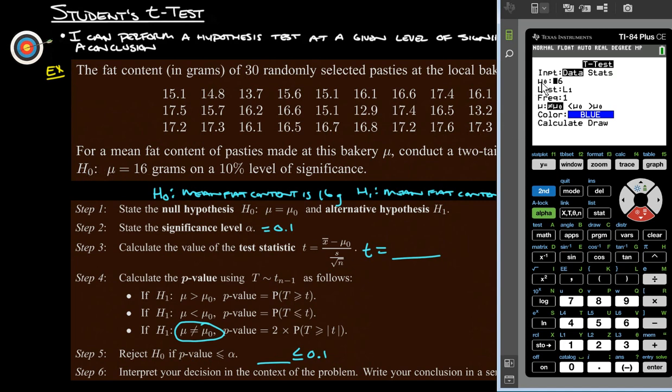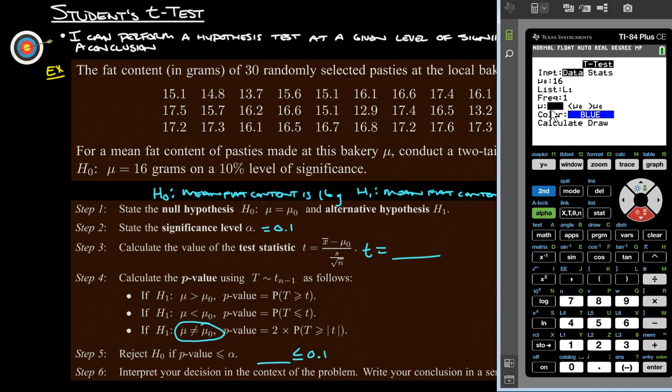So here's our mean, the null part of the mean, this here is going to be 16 grams. And our list, we made our list in list 1, so the list is L1. If that's not already showing up for you, you do second, and then number 1 would pull up list 1 for you. Frequency is 1 because each one of those represented one piece of data.